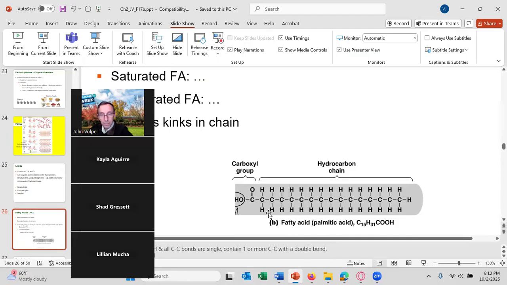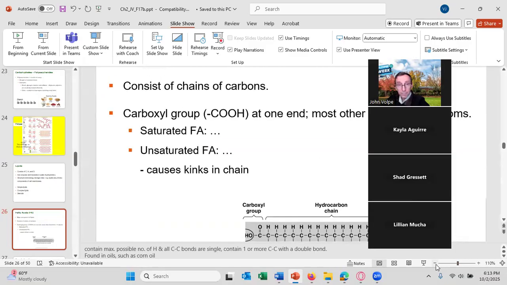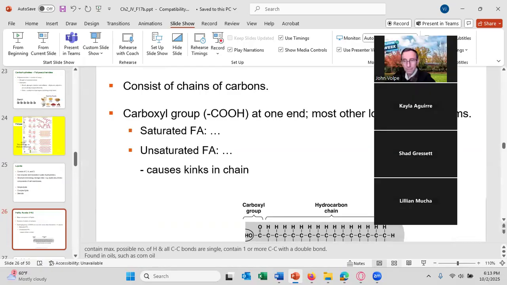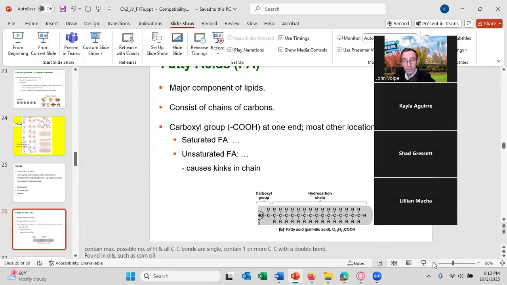So there's the fatty acid, mostly containing carbon and hydrogen. It does have an oxygen right there. You have two types of fatty acids.